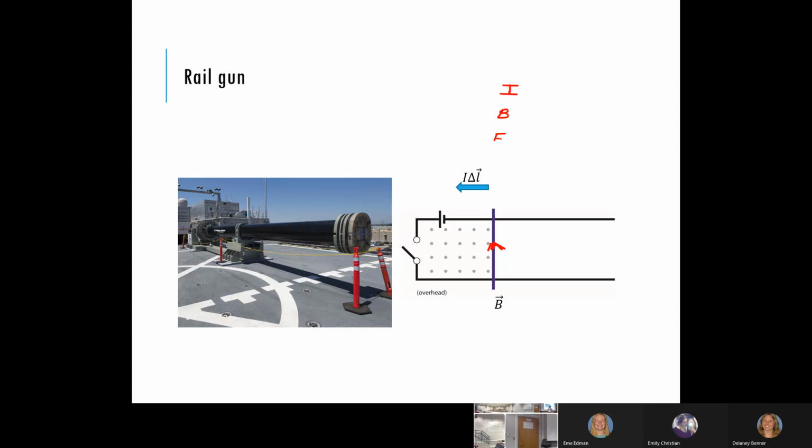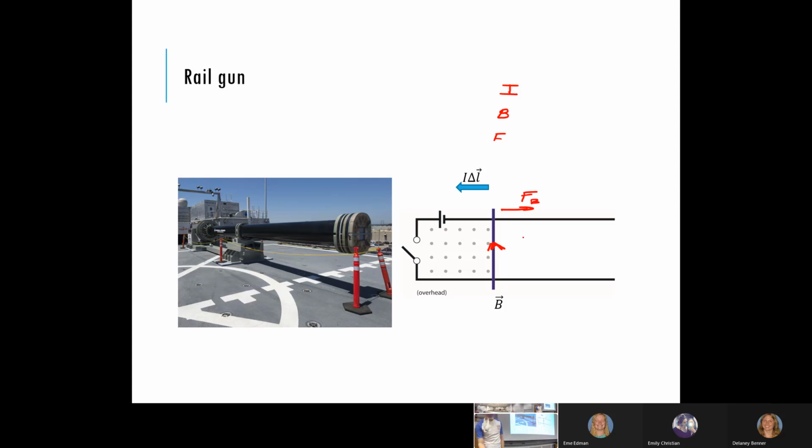So if we run our fingers up the direction of the current, we've already argued that the direction of the magnetic field due to the other three wires is out of the board. The force acting on this blue piece will send it down the rail.